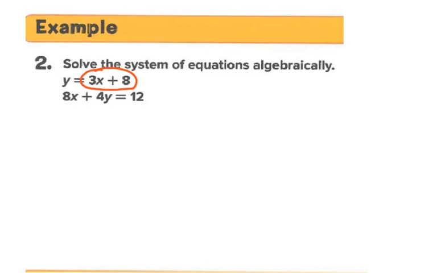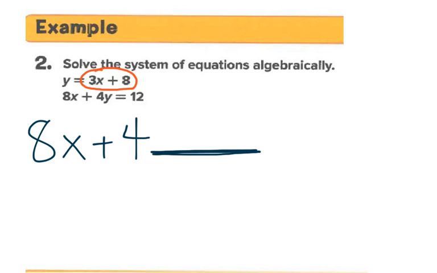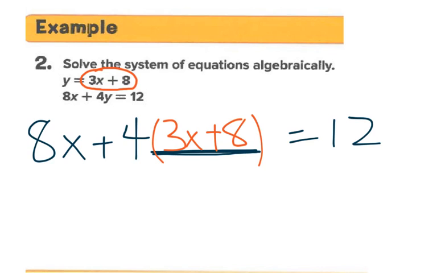So what we're going to do is in the next equation, where there was a y, we're going to leave some space. Because we could write y here, that's true, but we're not going to write y. We're going to write everything that was up here. Because, don't forget, we can either use the y or we can use the 3x plus 8.